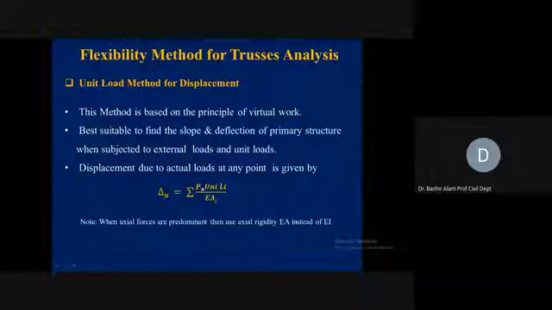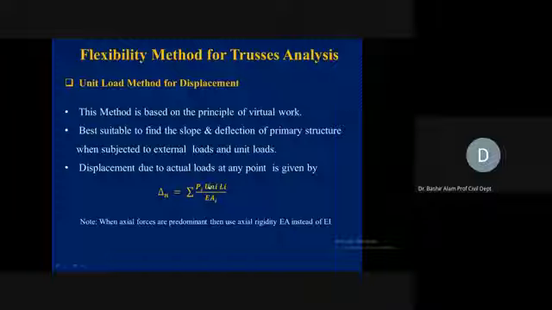How will it be calculated? It will be calculated when we subject the released truss to the actual load. So the member forces which will come will give you the capital P values, like we did for the M values in case of the frames. M1, M2, M3 will be coming here.